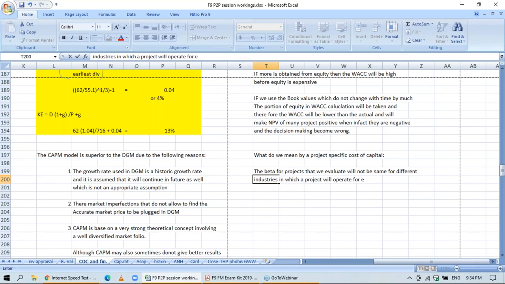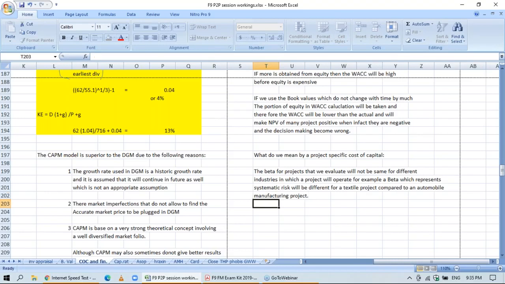For example, a beta, or beta which represents systematic risk, will be different for a textile project compared to an automobile manufacturing project.